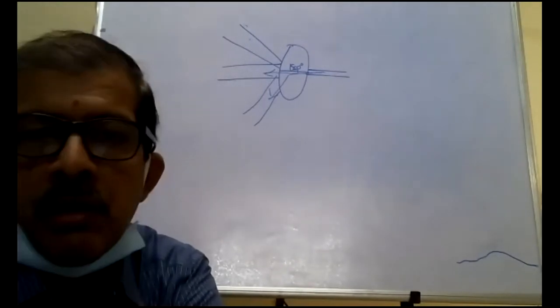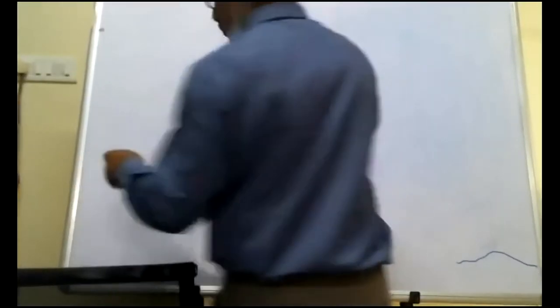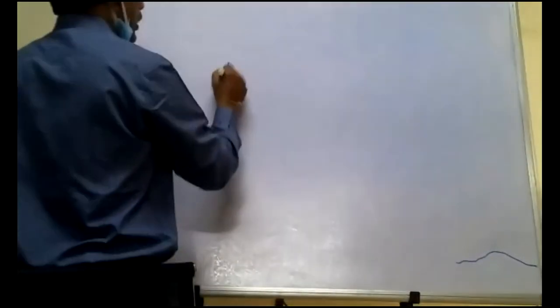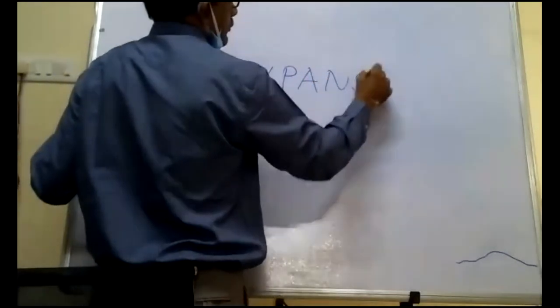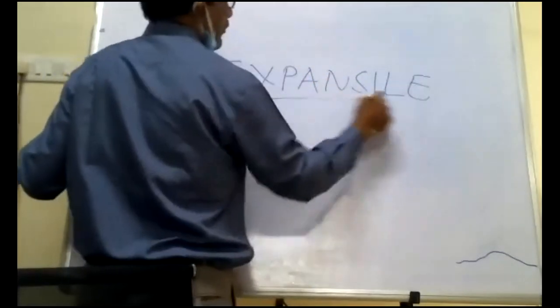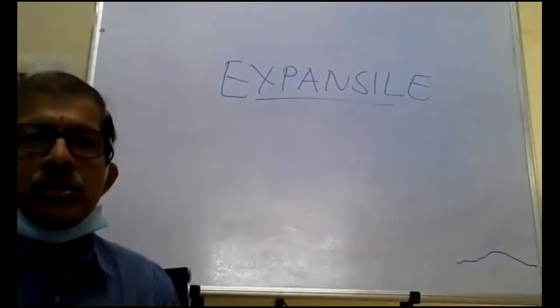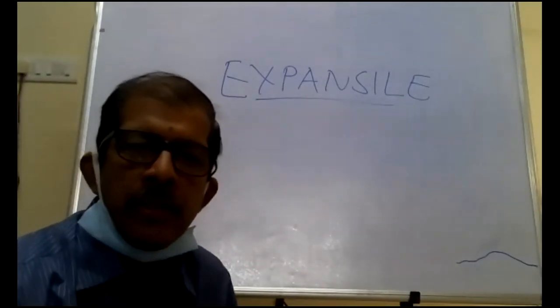Hernia impulse on coughing, on palpation, we call it as expansile. Expansile impulse on coughing. This you should tell only on palpation, not on inspection.